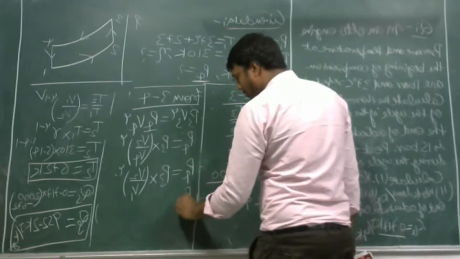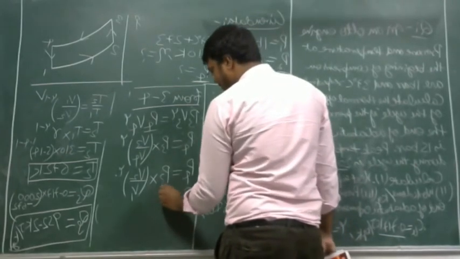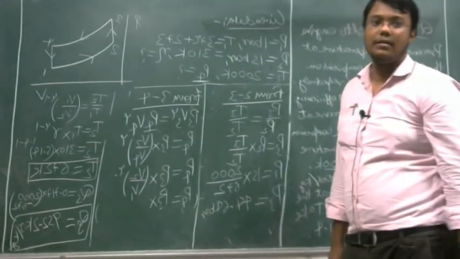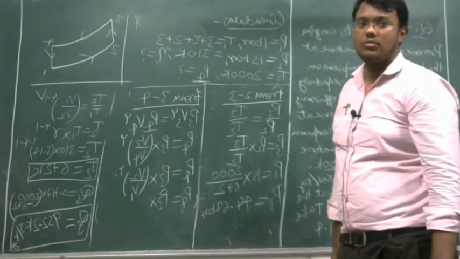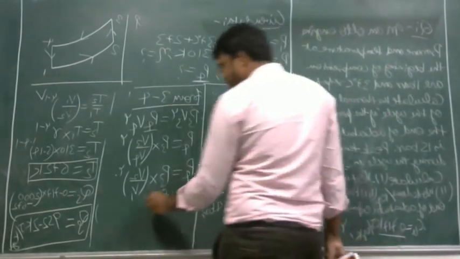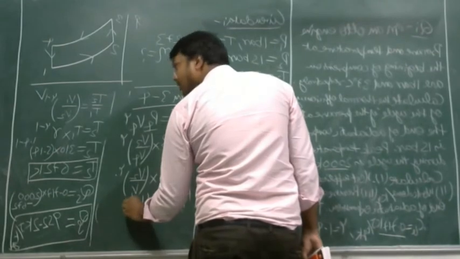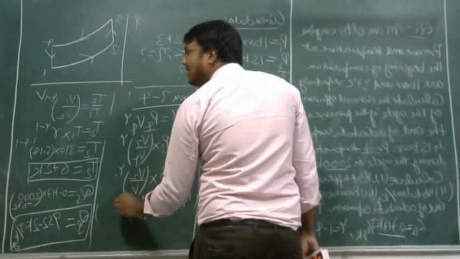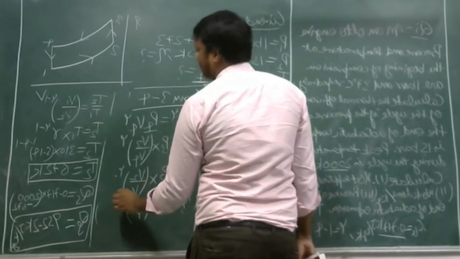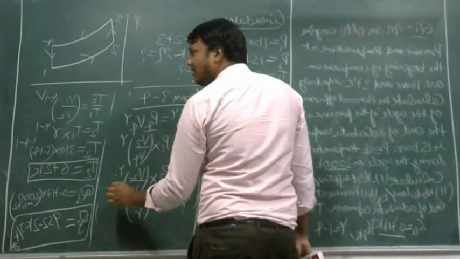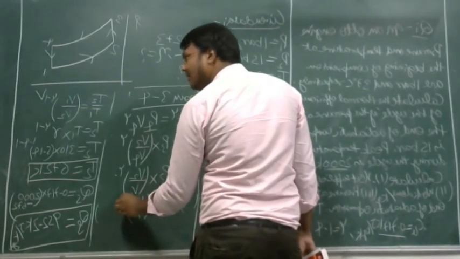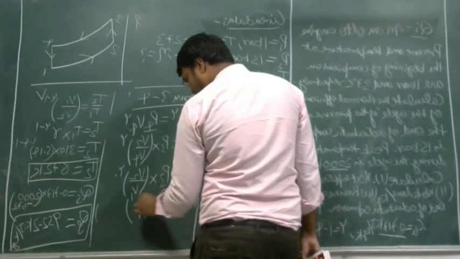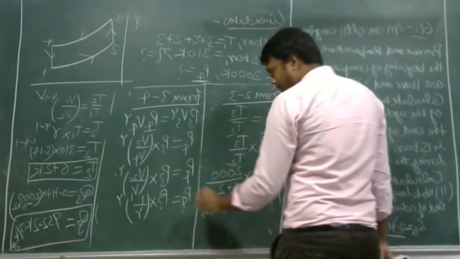V2 by V1 is actually 1 by R, so P4 equals P3 into 1 by R to the power gamma.